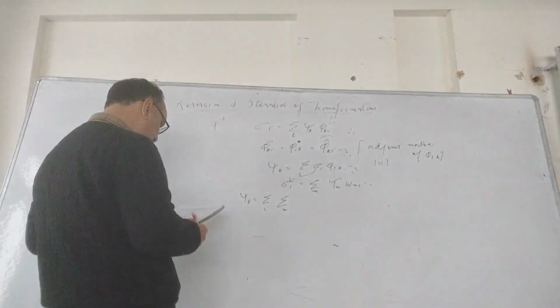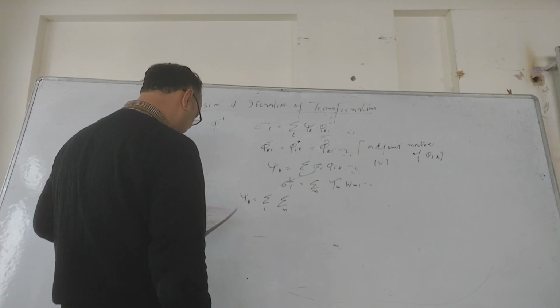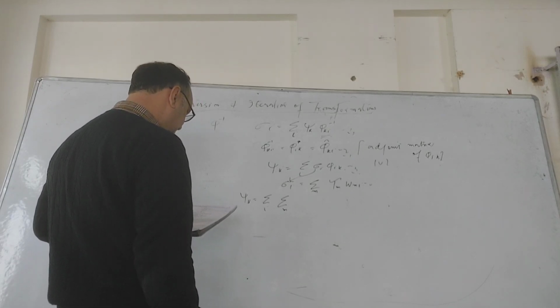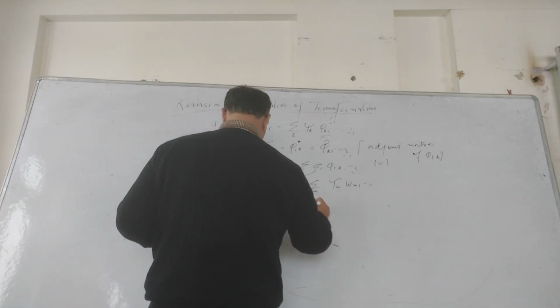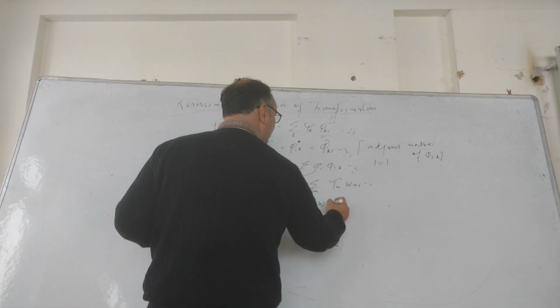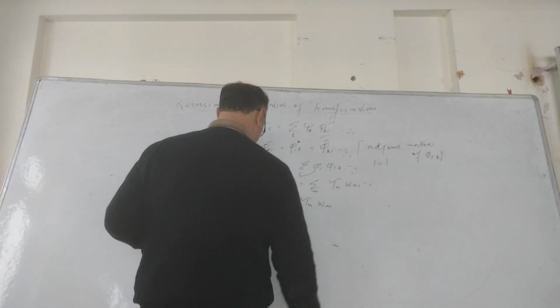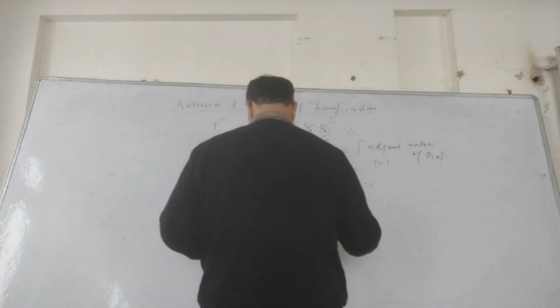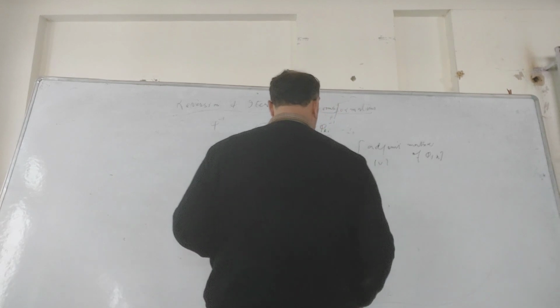If you want to see this transformation, it goes like tau of m omega mi and phi of ik.